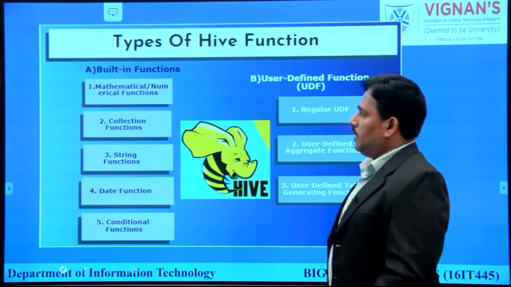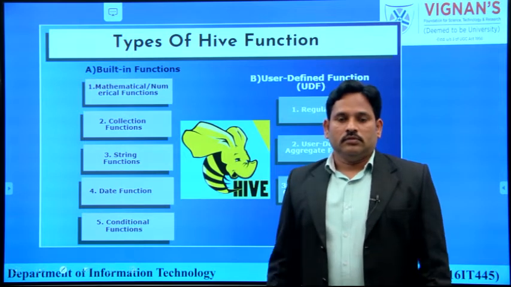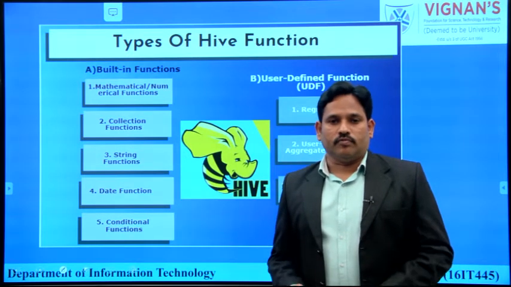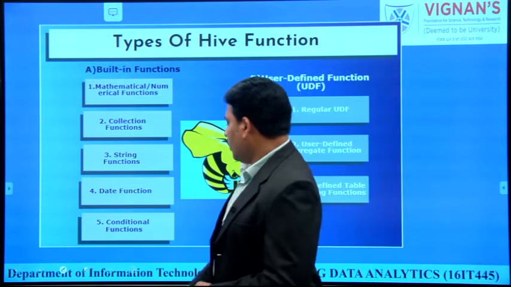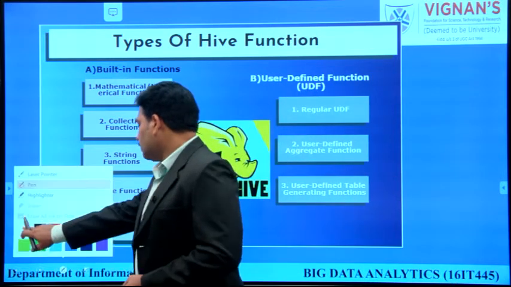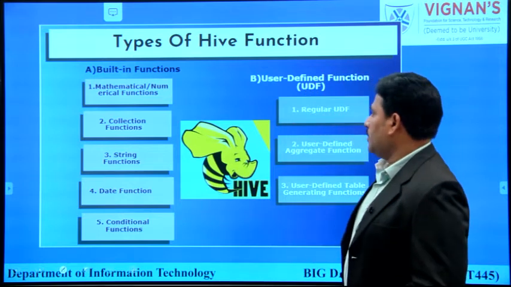Now what are the different types of functions that Hive will offer? Basically there are 2 types of functions that we can apply on Hive. They are built-in functions and user-defined functions.